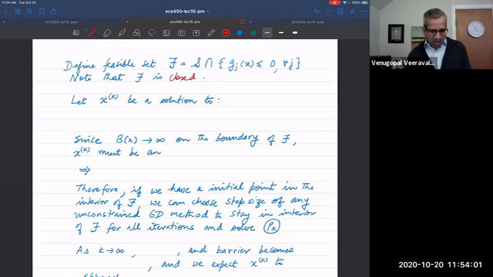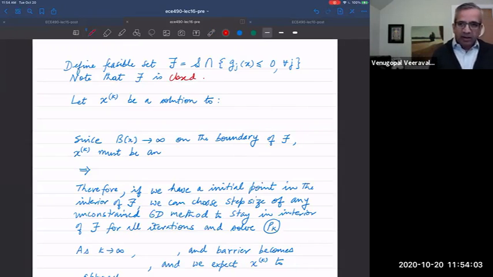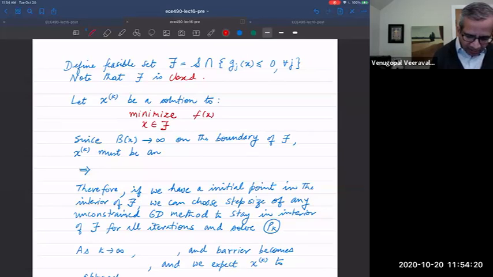All right. So now what we do is use the barrier function in the following way. We're going to minimize over this constraint set F the function plus, not just the function, but the function plus epsilon k times the barrier function. Let's call this problem Pk.